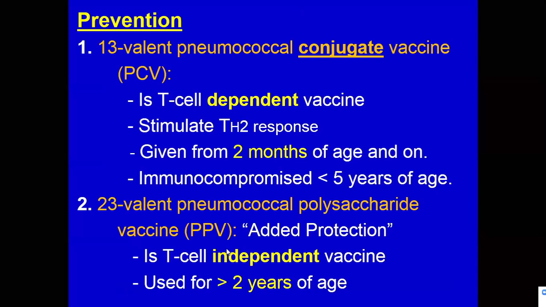It is given from 2 years of age and on, because it requires a mature body in order to produce a T-cell independent immune response. While the first one, because it is T-cell dependent, can be given from 2 months of age and on. Remember this. The first one can be given from 2 months. The second one can be given from 2 years on.